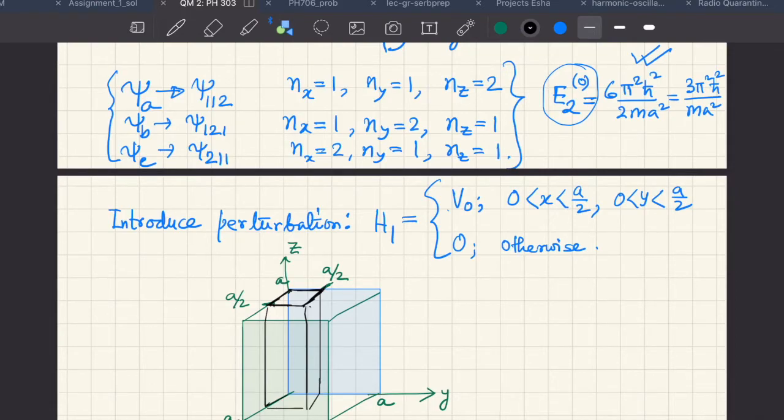So what we can do is that we can now draw this maybe with a different color. Yes, that's it. So we have this perturbation sitting here, which is nothing but a constant perturbation. So this region which I am putting this shade on is the perturbed region.